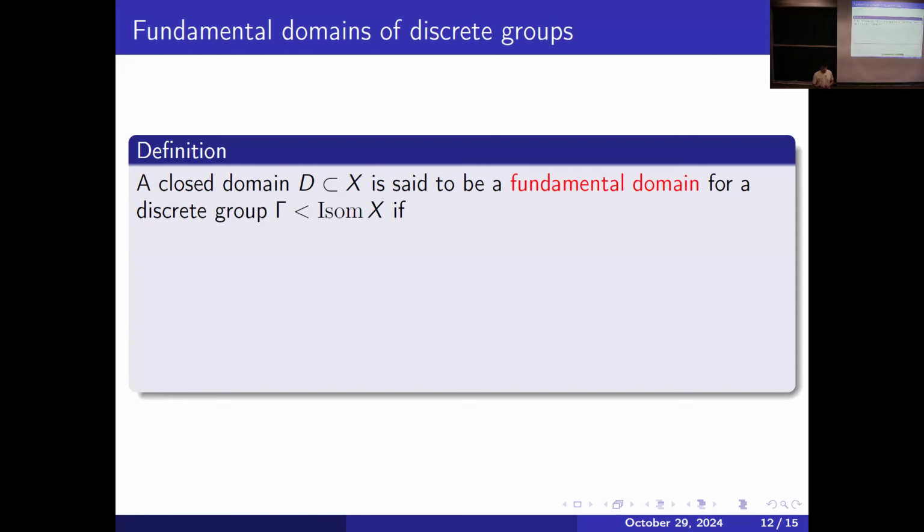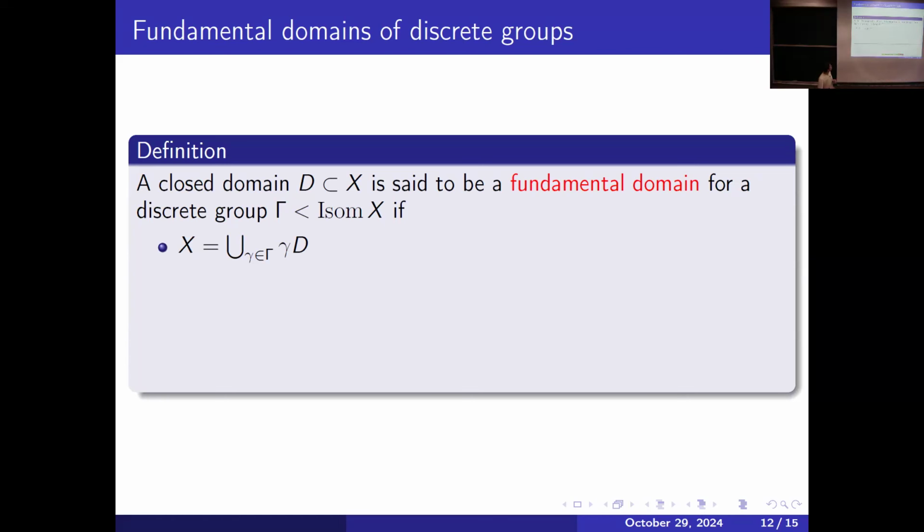Okay, so a closed domain D, where domain here basically means the closure of some connected open subset of X, is said to be a fundamental domain for a discrete group of isometries gamma if, first condition, X is covered by the union of copies of D under the gamma action, right?